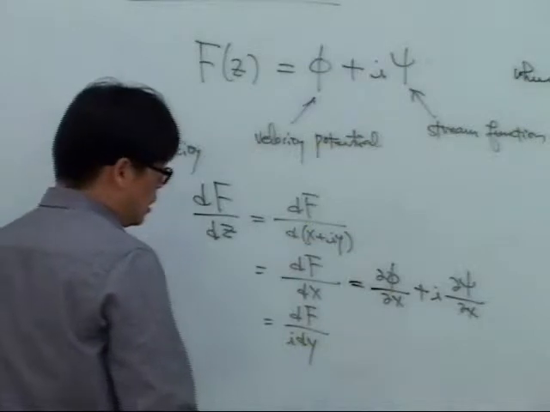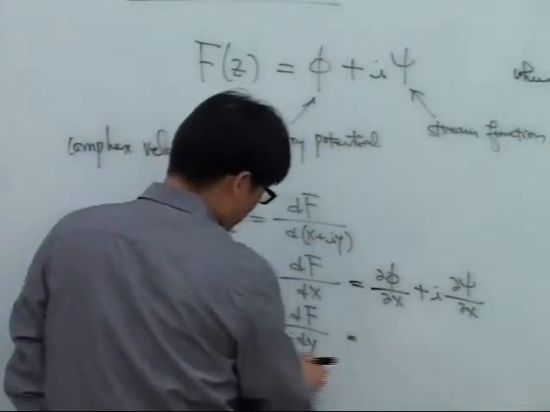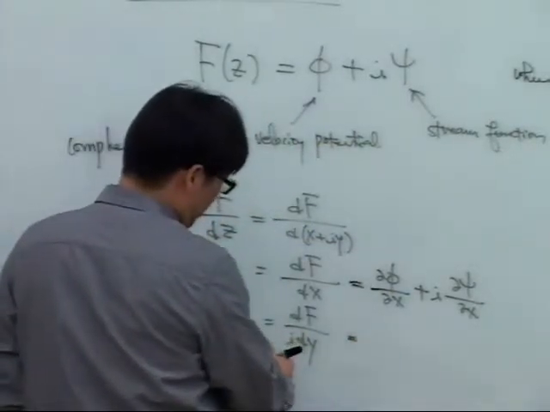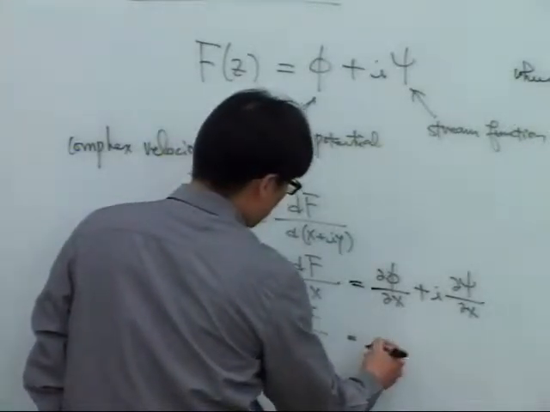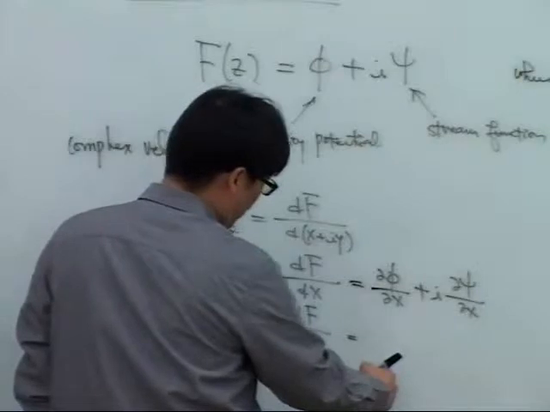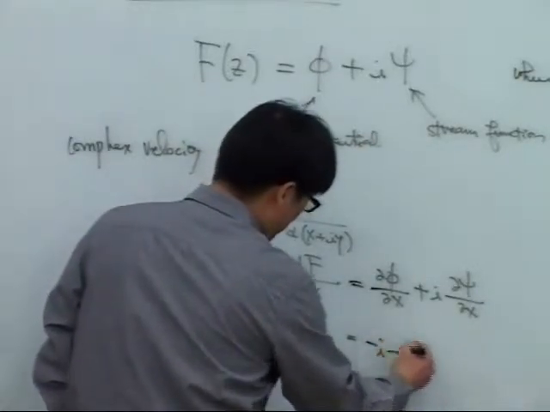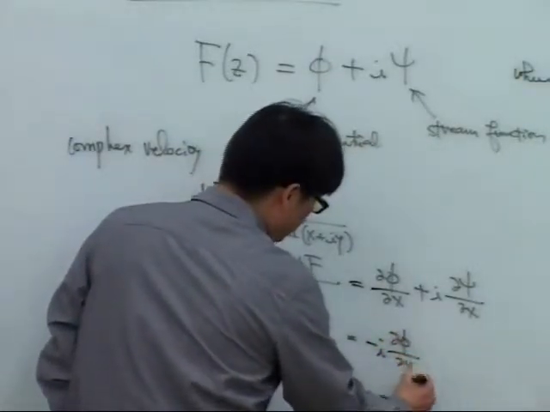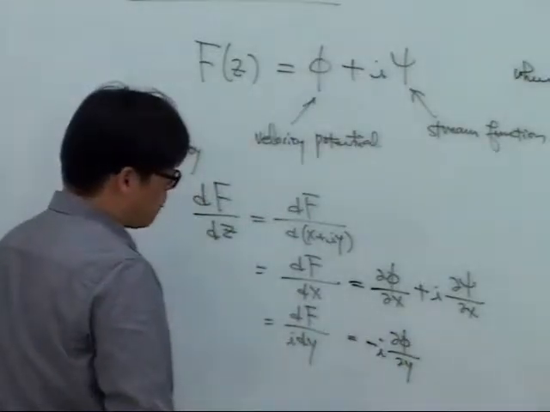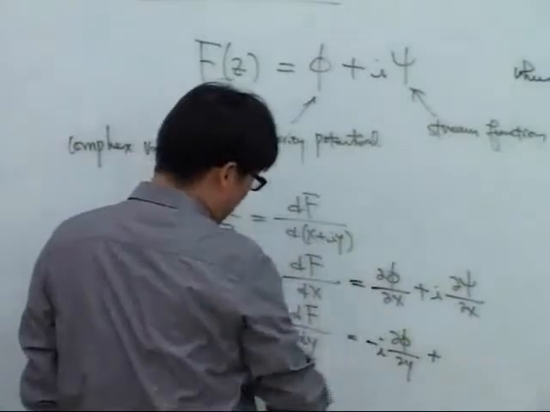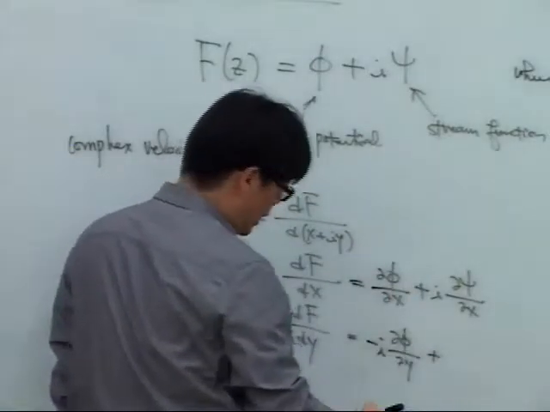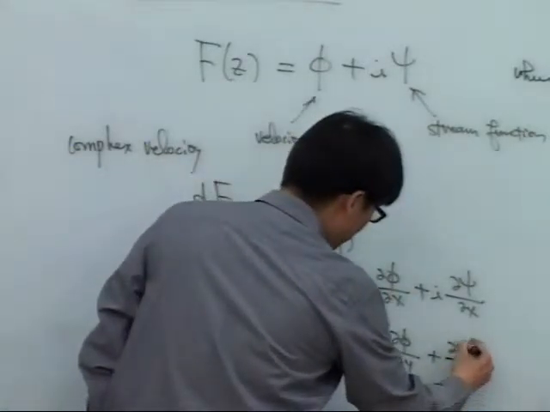When you take the y derivative with i in the denominator, I get d phi over i dy, which means minus i d phi dy, and then I have i d psi over i dy, so I can cancel i.